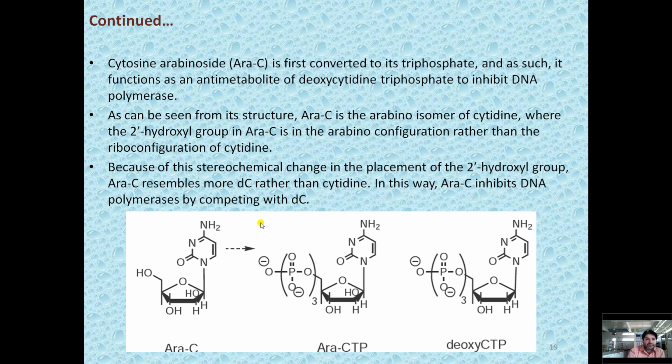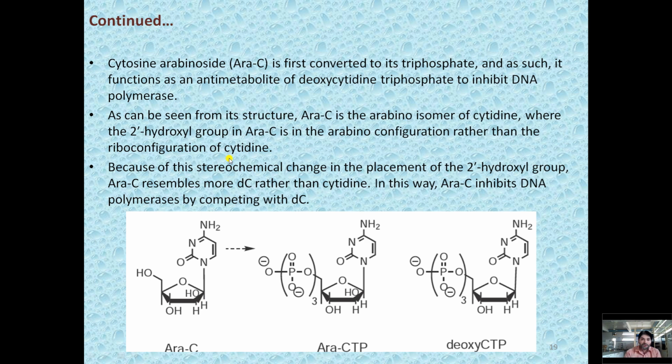So, we can discuss it again. As can be seen from its structure, cytosine arabinoside is the arabino isomer of cytidine. Okay. So, it is an arabino isomer of cytidine. So, the structure of the pyrimidine nucleus is just similar to cytidine, but in the arabinoside structure, the arabino isomer, there is a difference at the 2' hydroxyl group.